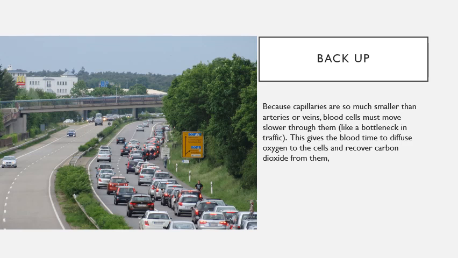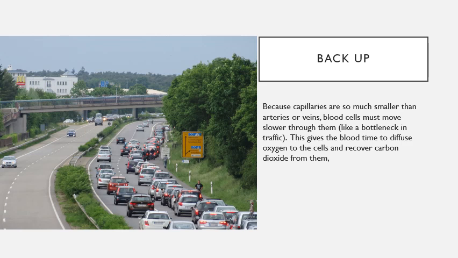They get out of the capillaries over to the veins, and in the veins, they're much bigger. They move faster. You guys have all been in traffic at some point. Have you ever gone from 4 lanes down to 1 lane? Because that's construction all the time. It slows down, and everybody comes to a stop.